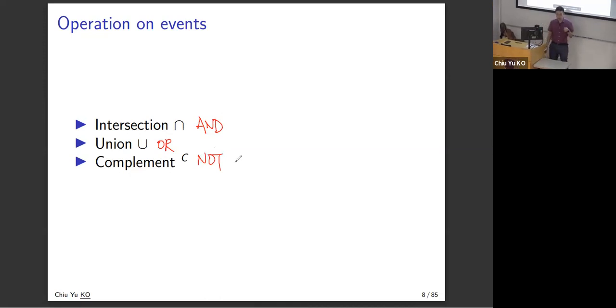We want to talk about, say, the probability of an even number or a large number when you roll a die. So this is the daily language, and how do we translate it into operations on sets, operations on events? We have to use and, or, not: intersect, union, and complement.